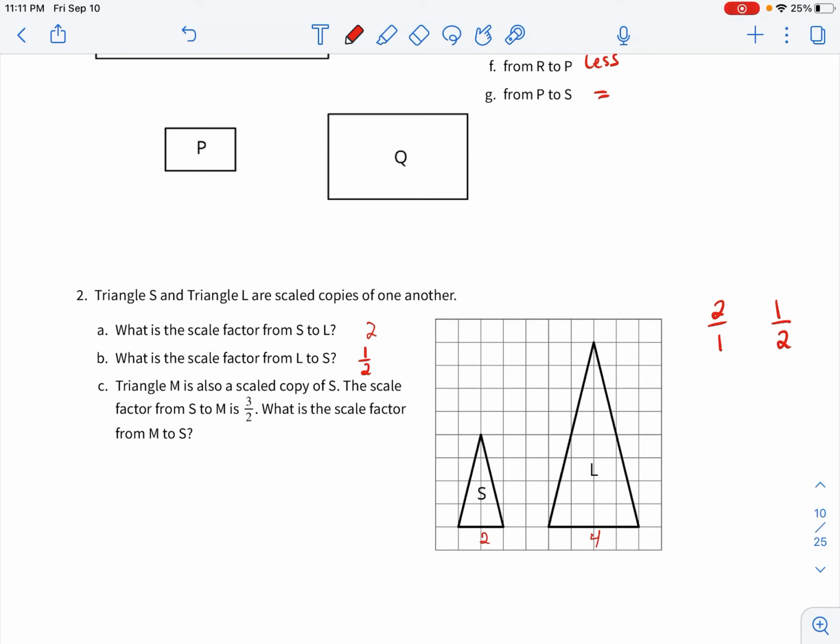So the reciprocal of 3/2 is 2/3. And if you think about it, if it's a triangle that is 1.5 times bigger, so 1.5 times 2 is 3. So now you go from 3 to 2. Well, if you divide 3 into individual sections, the other one is 2 of those thirds that you divided it into.